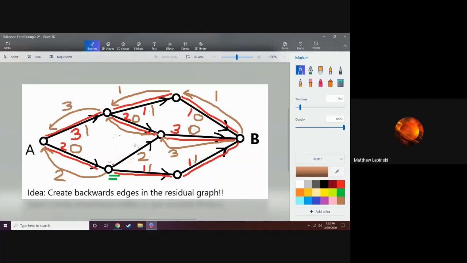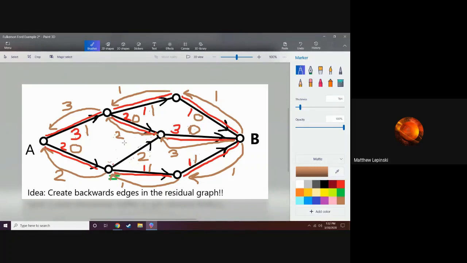And then there's like backtracking edges here and here. So I believe this is correct.